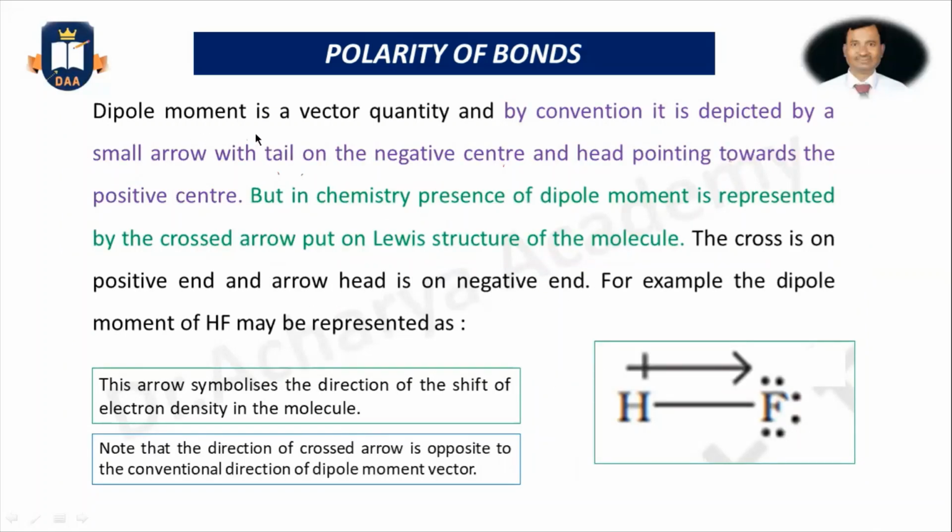Dipole moment is a vector quantity, that means it has direction. It has two conventions. One convention, a small arrow with the tail on the negative charge, just reverse.